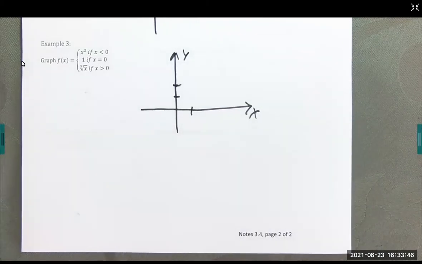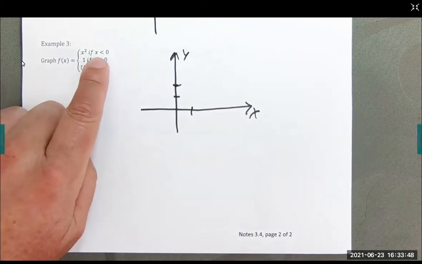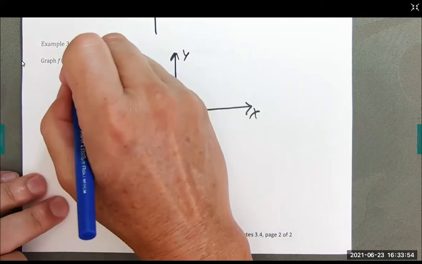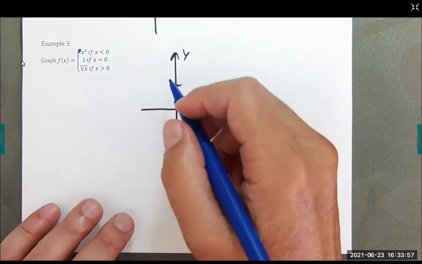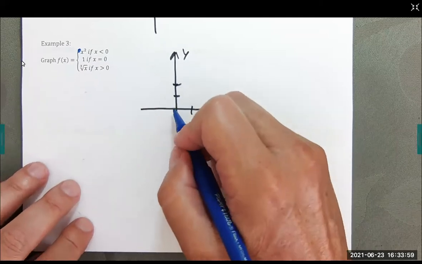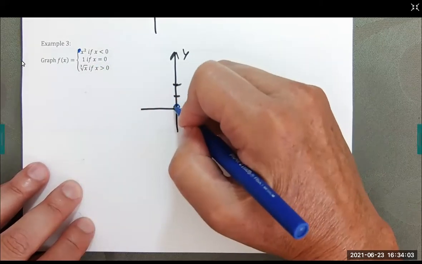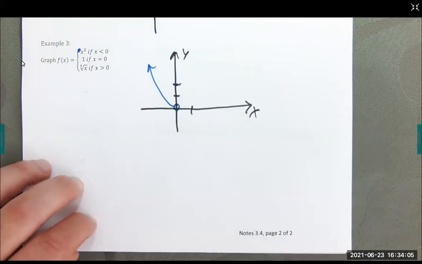All right, so when we are less than 0, not including 0, let me color code these. I'll make this my blue one. So we are the parabola, y equals x squared. So I'm here, open circle, and less than, it's the parabola.